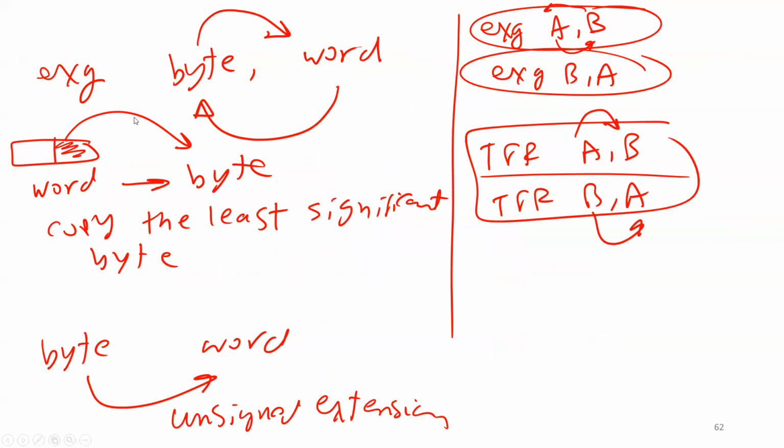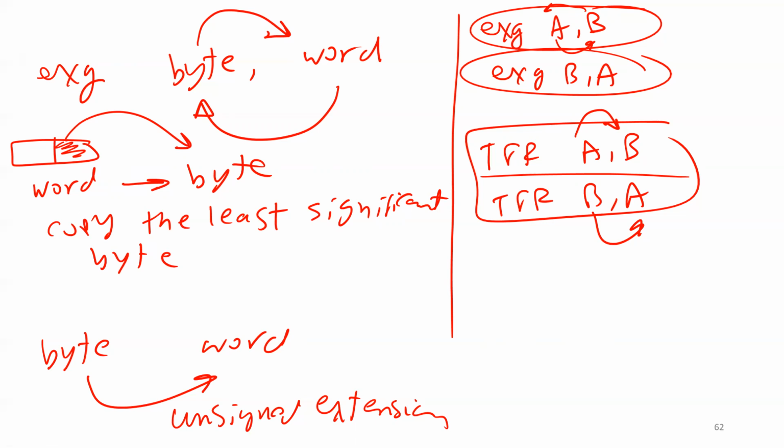Same thing now, guys. Can I exchange a byte to a word, and how does it work? Exactly the same as I explained for transfer. When you exchange, you are going to copy byte to word and word to byte. When you copy word to byte, you are going to take only the most significant byte, as I explained before. And when you copy a byte to a word, you are going to extend it.